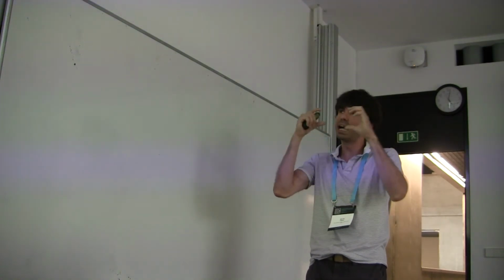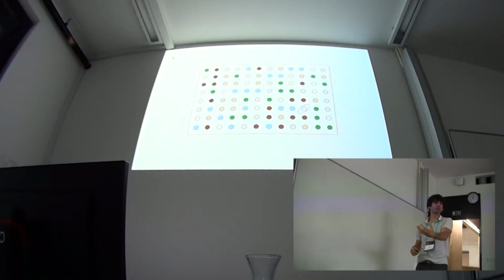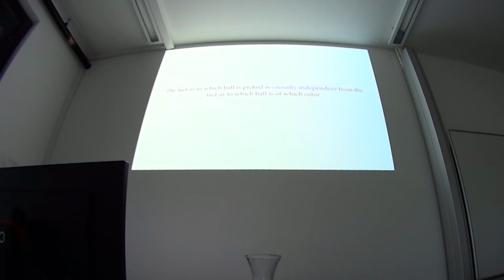Whereas in the blindfolded case, the ball's color has no causal influence on the process of picking, right? So I think this is what the notion of an unbiased trial or sampling process boils down to.